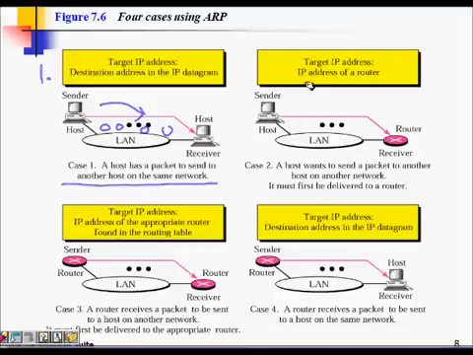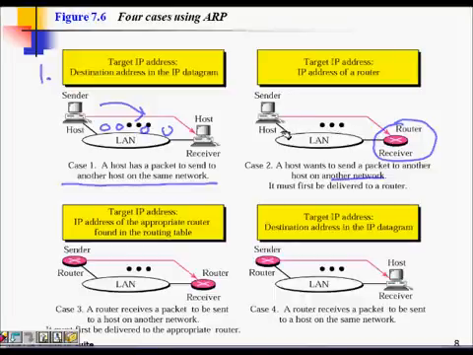Next one is, a host wants to send a packet to some other network. If you are sending to another network, it must pass through the gateway router, and to send it to the gateway router I also need to know the MAC address of that particular router, to the port to which I am connected.